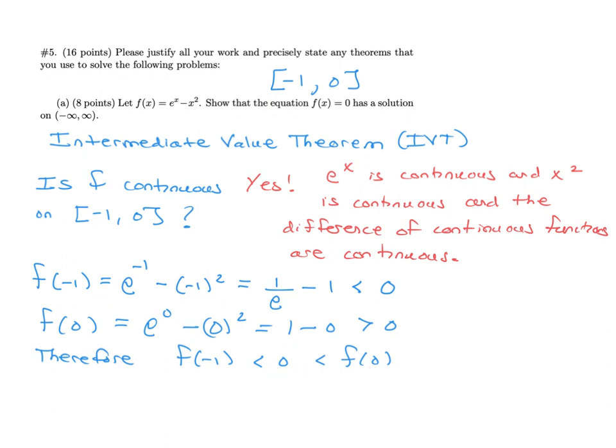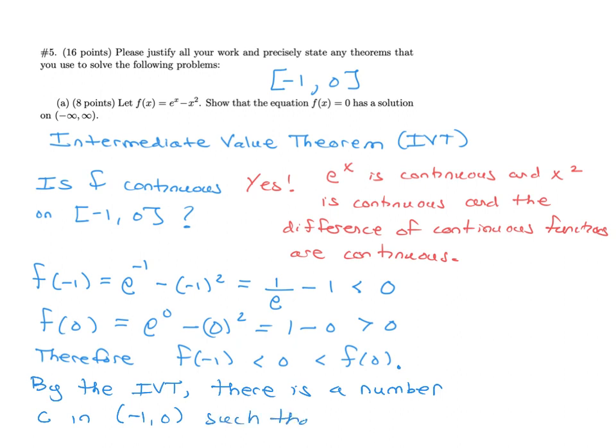We can now say, by the intermediate value theorem, there is a number, which I'll call c, in the interval from -1 to 0, such that f evaluated at this number c is equal to 0, meaning there is a solution to this equation.